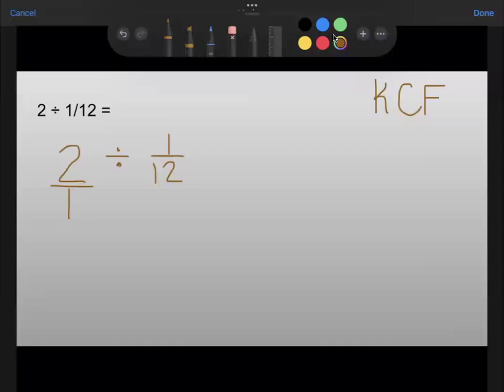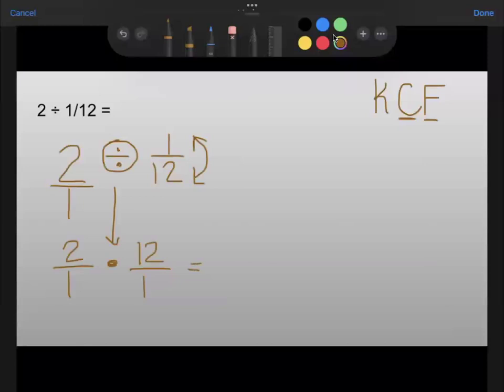What that means is I keep the first fraction the same, so that 2 over 1 stays the same. The change is where I change from division to multiplication. And the F for flip is me flipping the second fraction around so that instead of 1/12, it's 12 over 1.